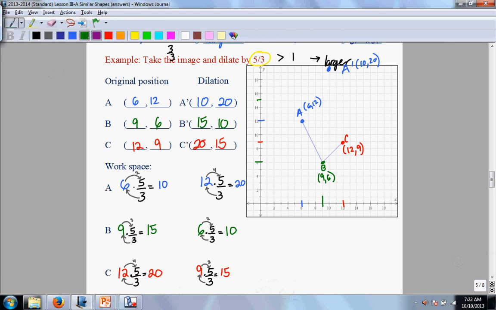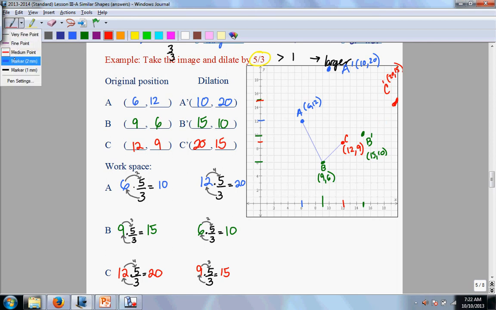So we go over 15, which is way out here, and then up to 10, which is right there. There is our sub B, which is 15, comma 10. And then C is going to be at 20 and 15. So over 20, which is way over here, and up to 15, we're right at the edge. There's our 15 right there. And that's our new C, which is going to be 20 and 15.